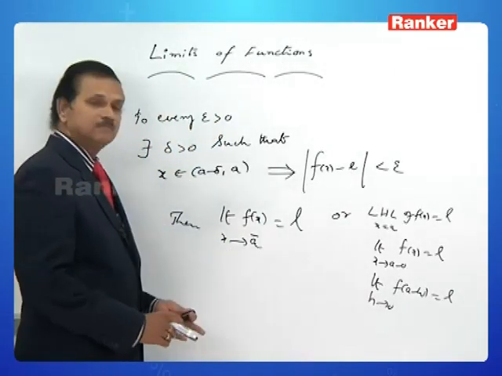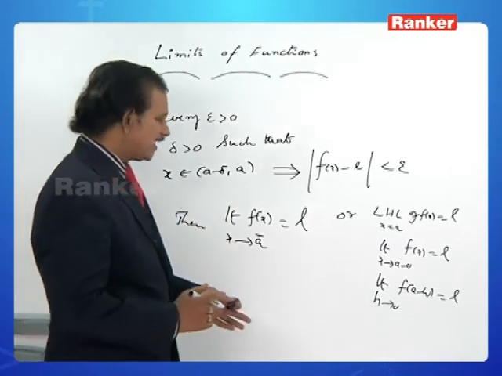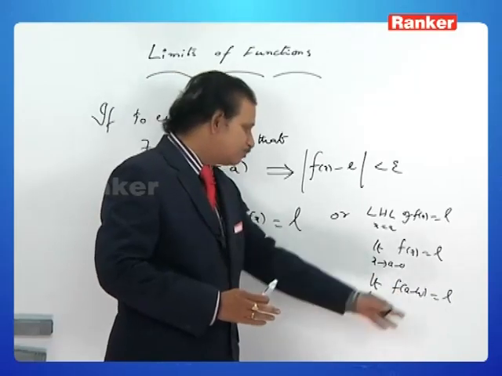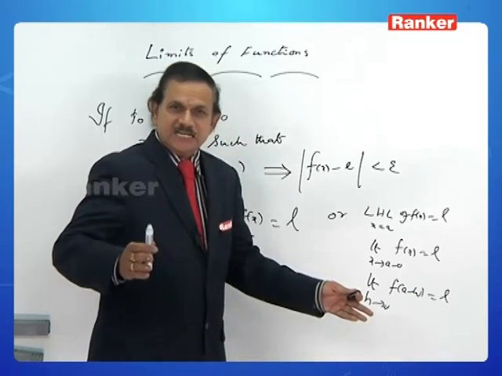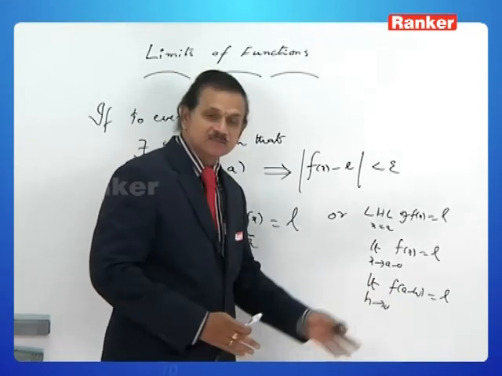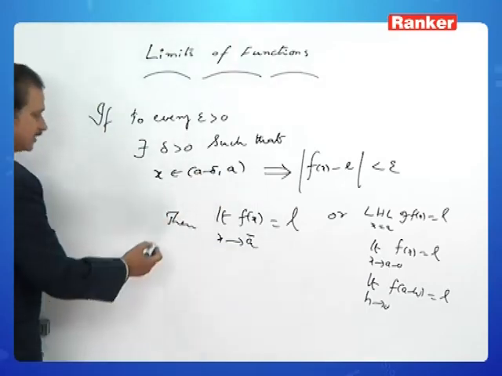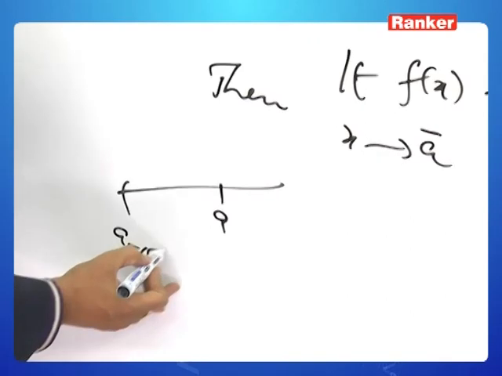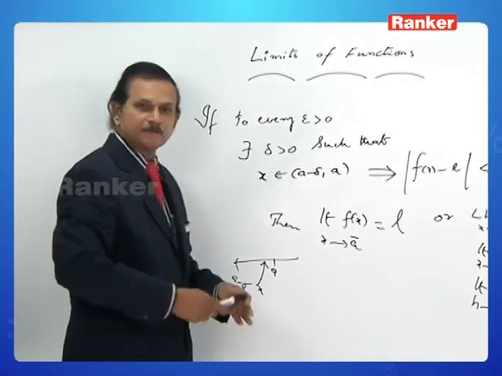We want to represent that x lies to the left of a. How can we justify or describe this pattern? What is that h? Why is it necessary to write like this? Let us think of where this x lies. A minus delta, x lies here. Let this be some x.